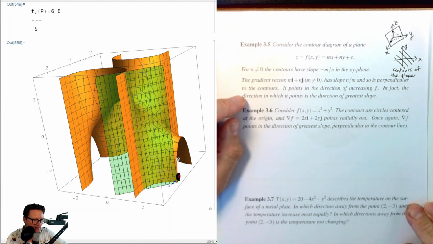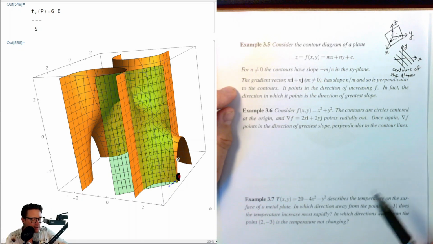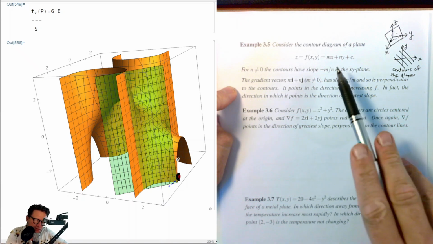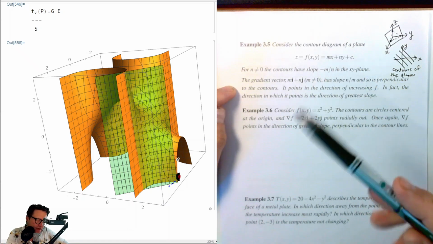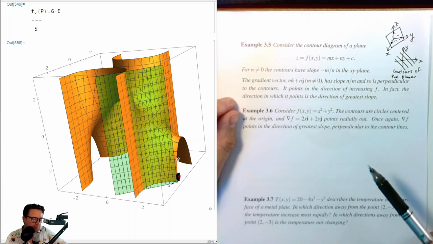Okay, so let's go ahead and look at this. For n not equal to 0, the contours have slope minus m over n in the xy plane. So yeah, all of these contours would be the same slope. The gradient vector, so just calculating the gradient vector, we have m comma n, or mi plus nj.